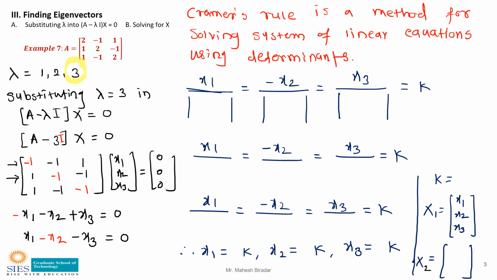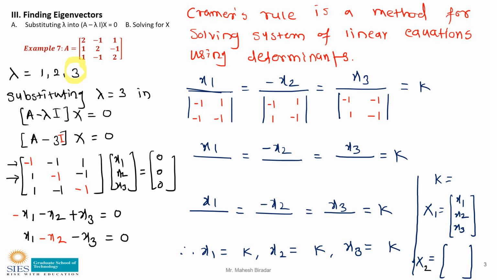Again, Cramer's rule is used here. X1 divided by coefficients of x2 and x3, minus x2 divided by coefficients of x1 and x3 and x3 divided by coefficients of x1 and x2.